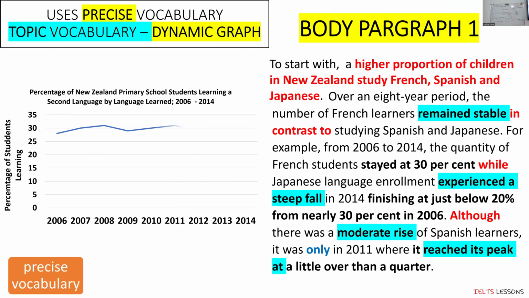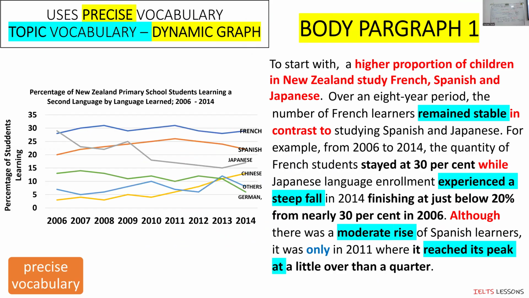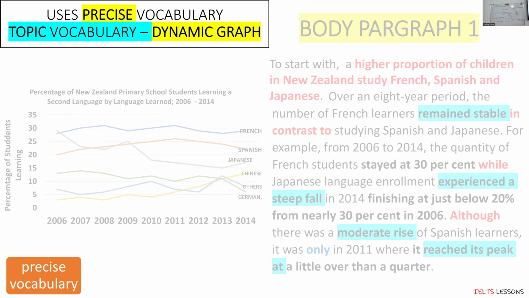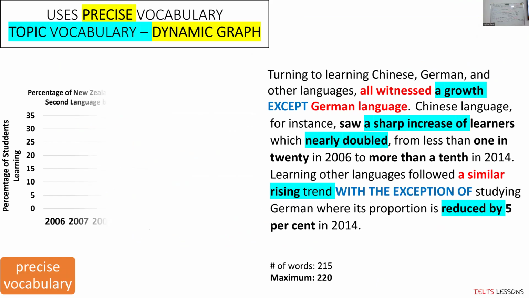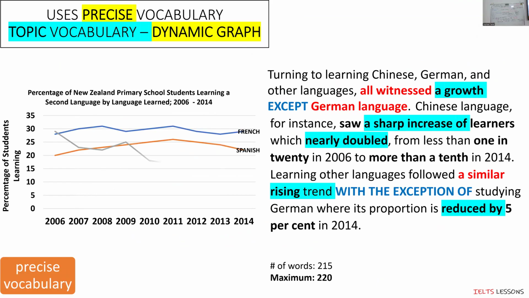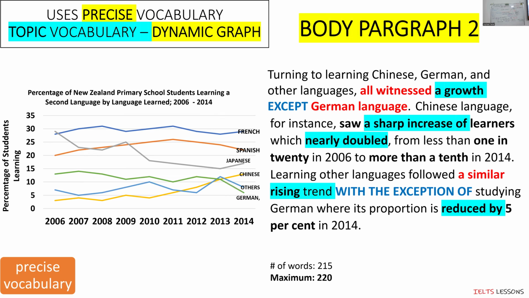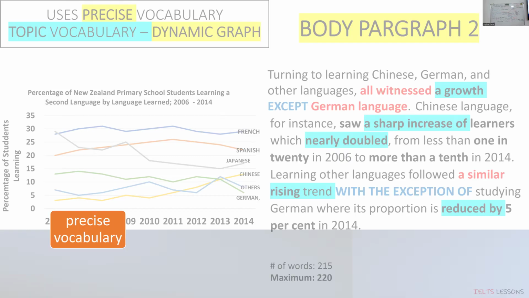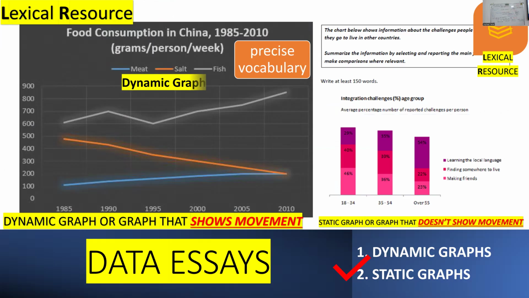Again, if you check the model answer here, you see adjectives, for example, remain stable, steep fall, moderate rise, etc. Those are just some examples. And then we have adjective and noun, for example, a sharp increase or growth, and nearly doubled, that's an adverb. That's what we mean by precision in the use of vocabulary.